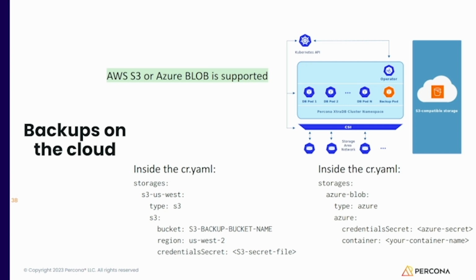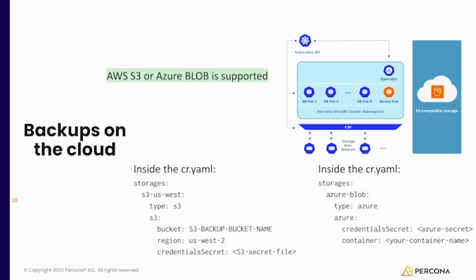On the official documentation, you will have a much larger example because, for example, here I'm missing the keys for authenticating to the cloud environment. Also, you need to set up the storage in advance.